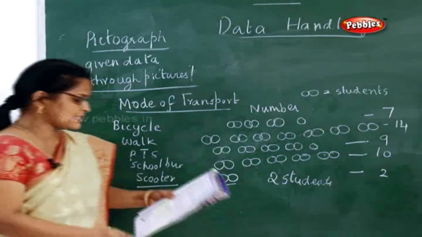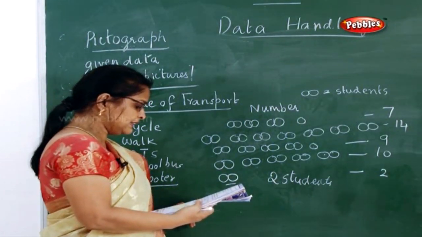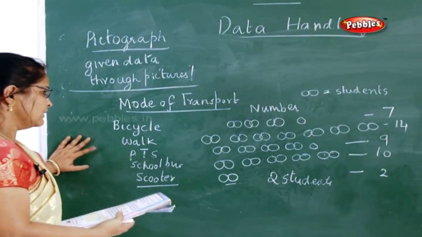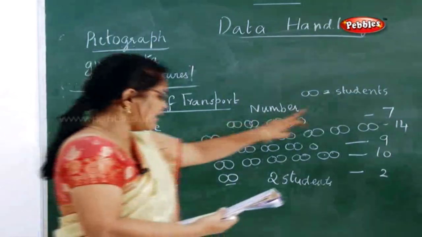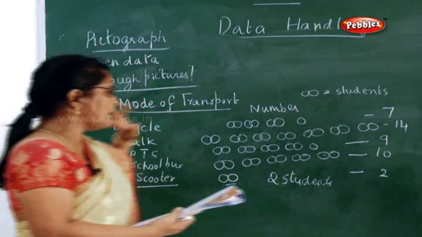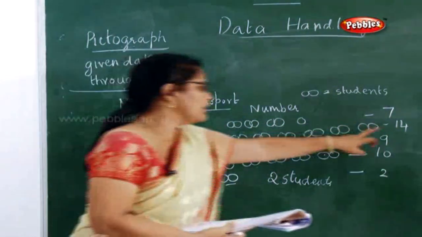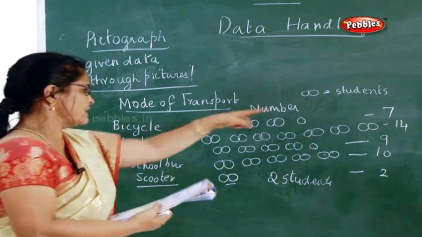The last question they have given is, the number of students who come by blank is half the number of students who come by blank. Now, half the number. That means walking is half the number of the students who come by bicycle. Is it clear or not? Because walking is 14. So half of walking is bicycle 7.